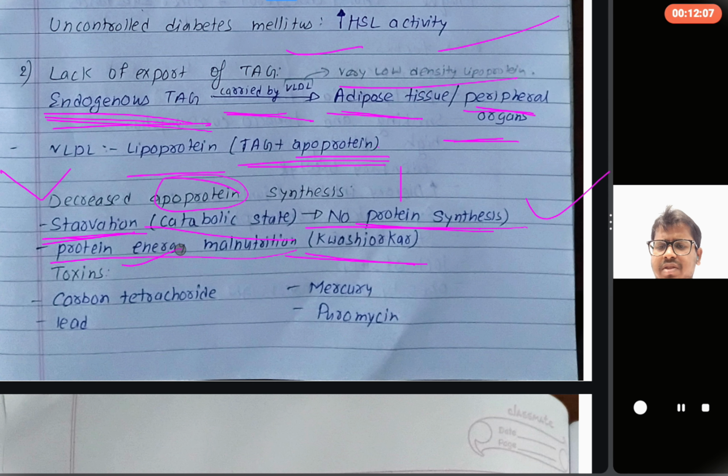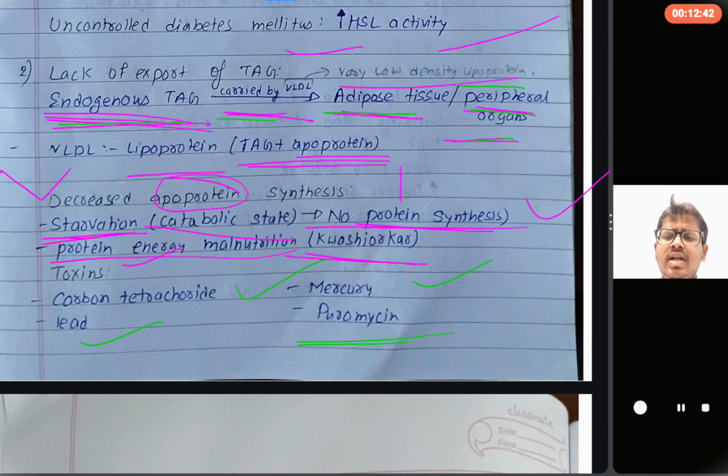Next we are talking about toxins. What are the toxins we have? Carbon tetrachloride, CCl4, lead, Pb, mercury, Hg, and puromycin. These are the four toxins. Do you understand what is happening? Endogenous triacylglycerol is carried by very low density lipoprotein to adipose tissue and peripheral organs, but why is there a lack of export?